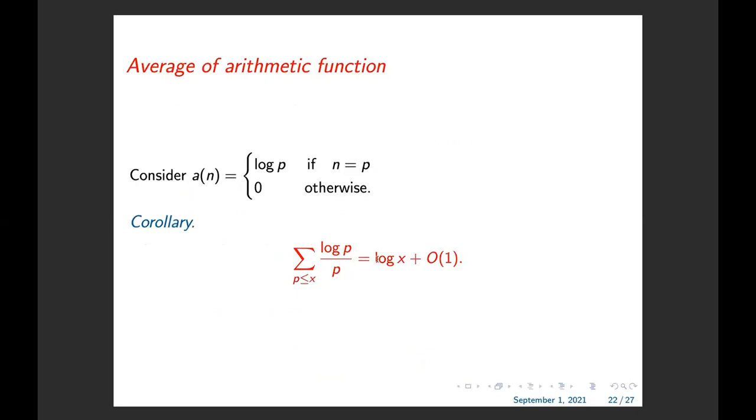And you can see from here also that the primes are infinite, because when x goes to infinity, log of x goes to infinity. So this sum is also going to infinity. So from here we can also say that the primes are infinite. When you study number theory, you can see many proofs that assert that the primes are infinite.